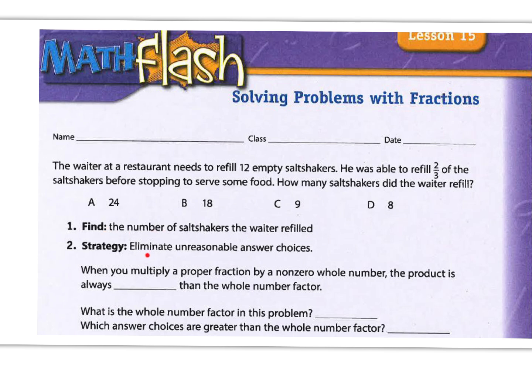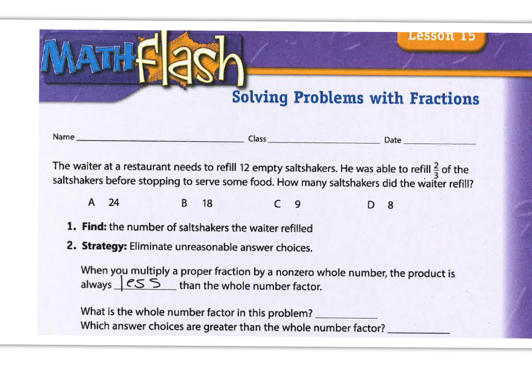Our strategy is to eliminate unreasonable answer choices. When you multiply a proper fraction by a non-zero whole number, the product is always blank than the whole number. Well, when you multiply a proper fraction, so here a proper fraction, by a non-zero whole number, the product will always be less than.